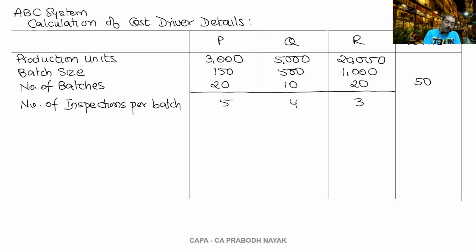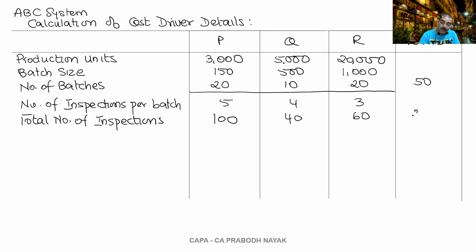Number of batches I've already written just above, so I'll not write it again. So, total number of inspections: five into 20, 100. 4 into 10, 40. 3 into 20, 60. Total 200.